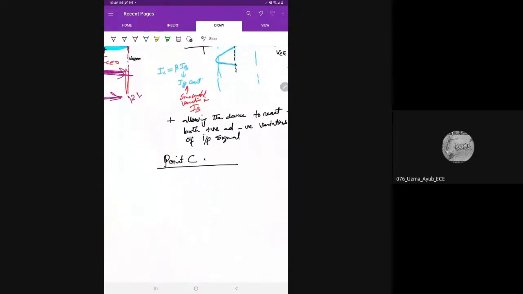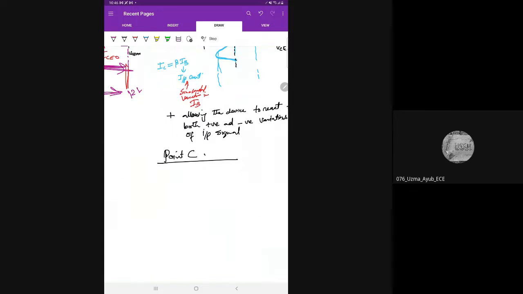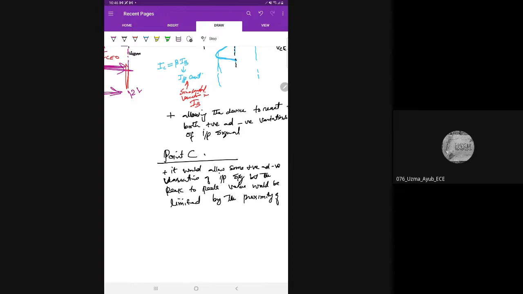Now see, point C, it would allow some positive and negative variations of input signal, but the peak to peak value would be limited by the proximity of VCE equal to 0 volts and IC equal to 0 milliamperes.